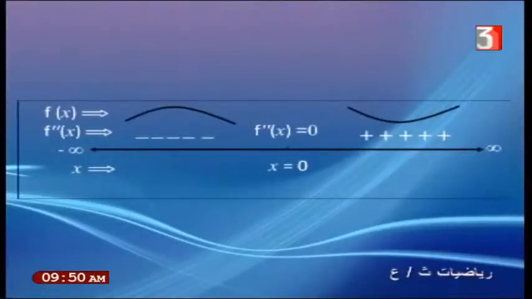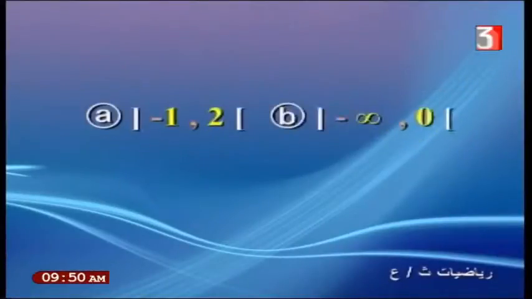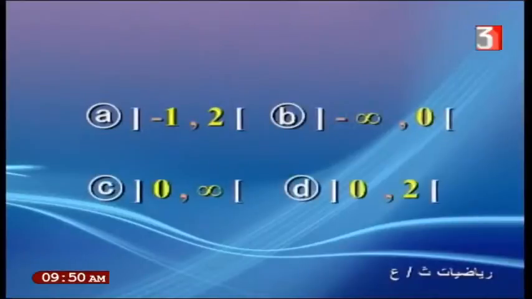Now, the example says the curve of the function is convex upwards in the interval. Then we choose the interval negative infinity and 0, where the curve is convex upwards.